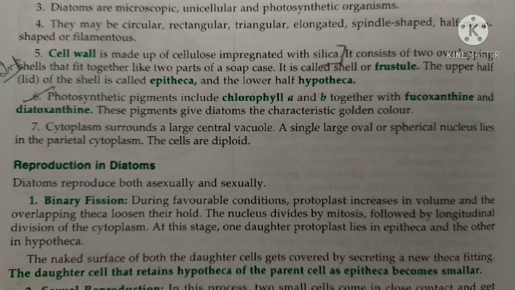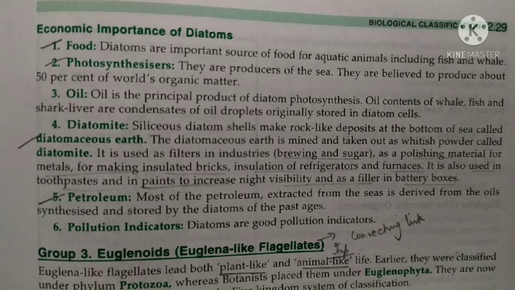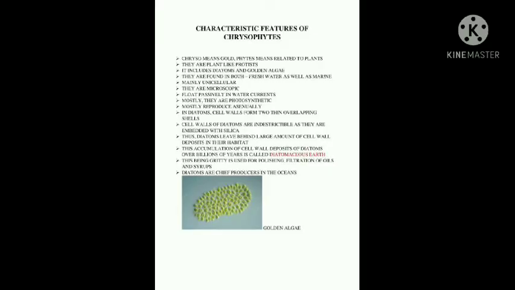Basically, the cell wall is made up of two shells, and these appear like two overlapping shells or two parts of a soap case. My dear students, you should know that these diatoms do not decay easily.